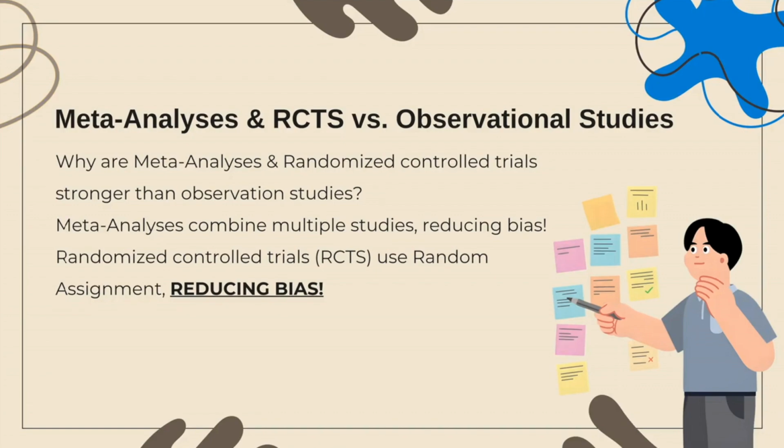Randomized control trials use random assignment, which also reduces bias and confounding variables. The main goal is to minimize bias as much as possible to produce reliable results. Additionally, larger sample sizes and stronger methodologies increase reliability. For example, a study with 10,000 participants is generally more reliable than one with only 10.